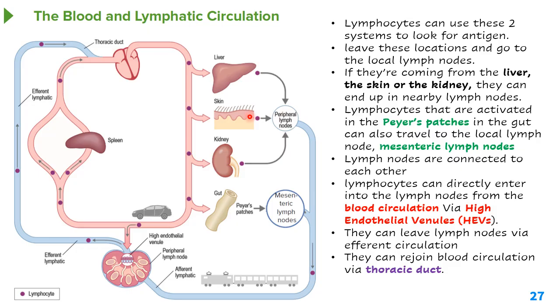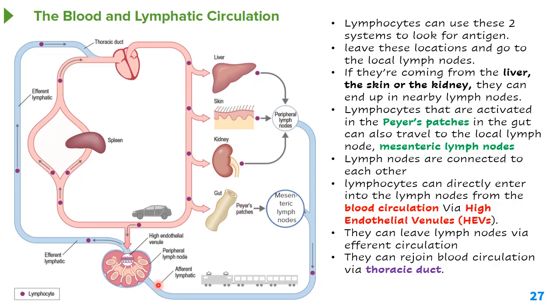If you found a pathogen on the skin, for example, it hops on the peripheral lymphatic circulation and reaches the nearest lymph node. If you found a pathogen in your gut, it is going to hop on the lymphatic circulation and reach the mesenteric lymph nodes.